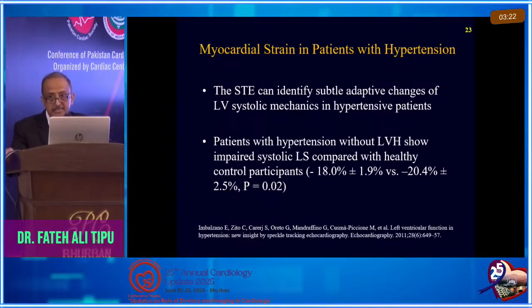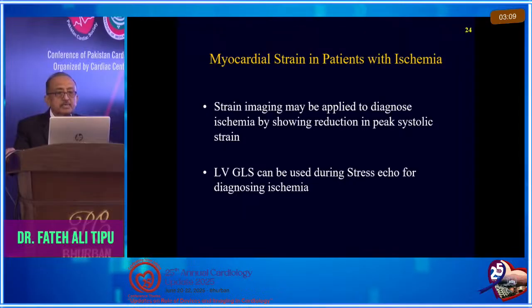Another condition is hypertension. Speckle tracking echocardiography can identify subtle adaptive changes of LV systolic mechanics in hypertensive patients. Then come the patients with ischemia. We can use the myocardial strain to diagnose ischemia, especially while doing the stress echo.